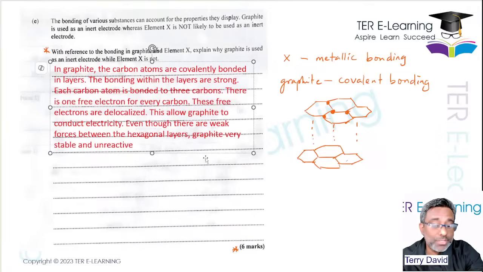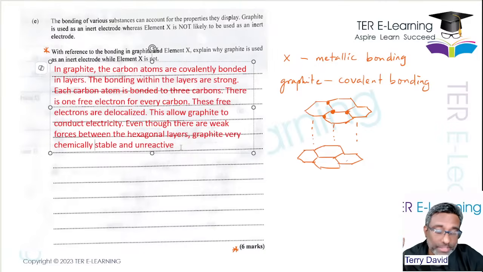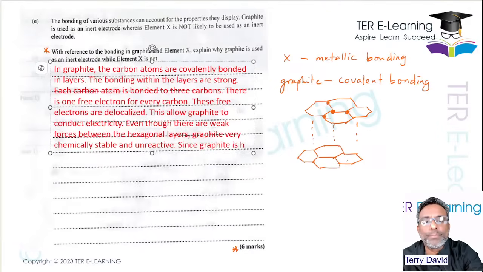That's the main reason. So let's put that graphite is chemically stable and unreactive. We're trying to say why we're using graphite as an electrode. It's a conductor, and therefore we're going to use it as an electrode. So since graphite is chemically inert, it can be used as an electrode.